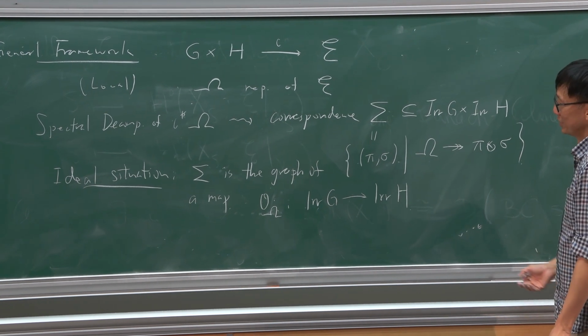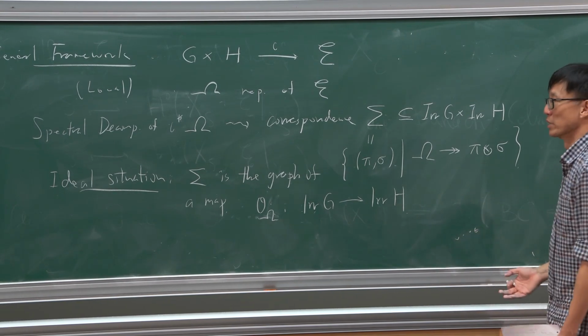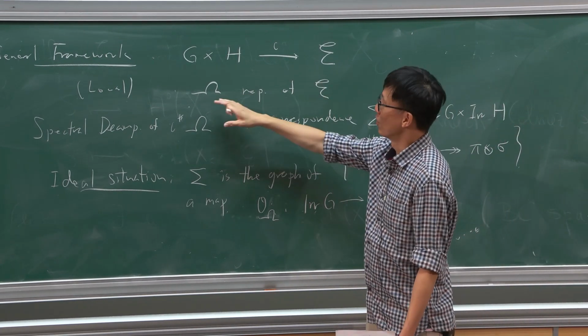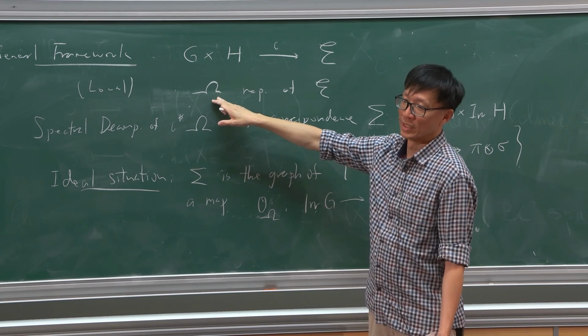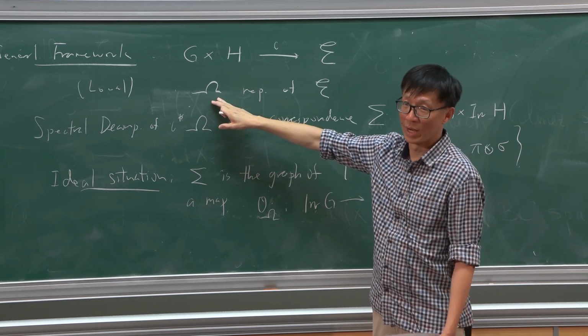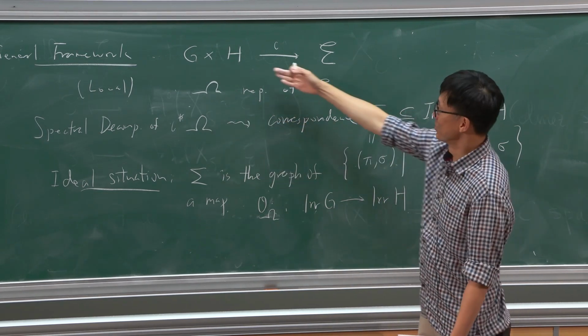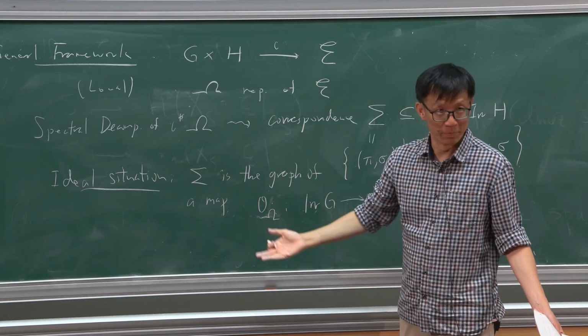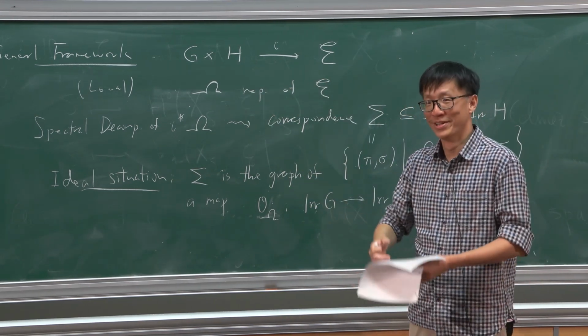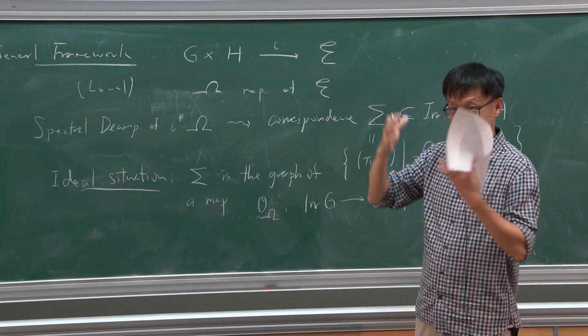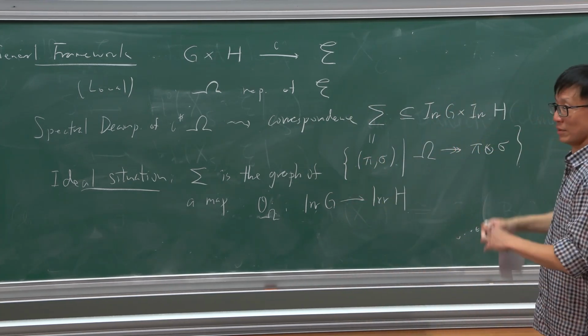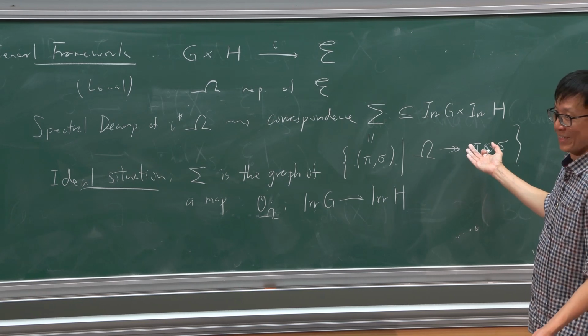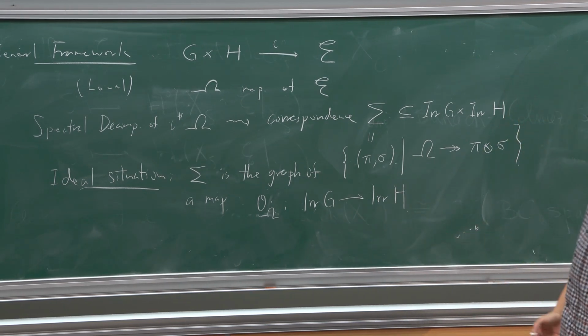So what do you need for this to have a chance of happening? Basically, a rough, very coarse heuristic is that this representation omega should not be too big. Why? Because if it was so big, when you restrict to G cross H, many things will appear. Many things have to appear just to make up the dimension, all the space there, right? And so maybe everything appears, and then you're not going to have this ideal situation.